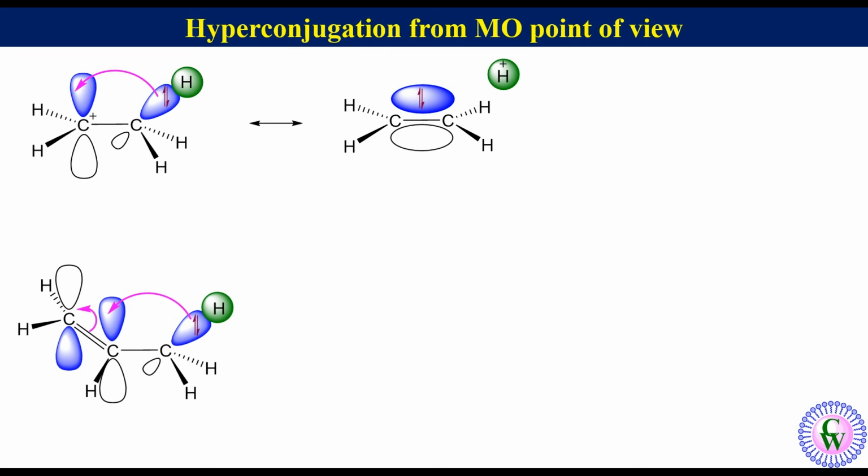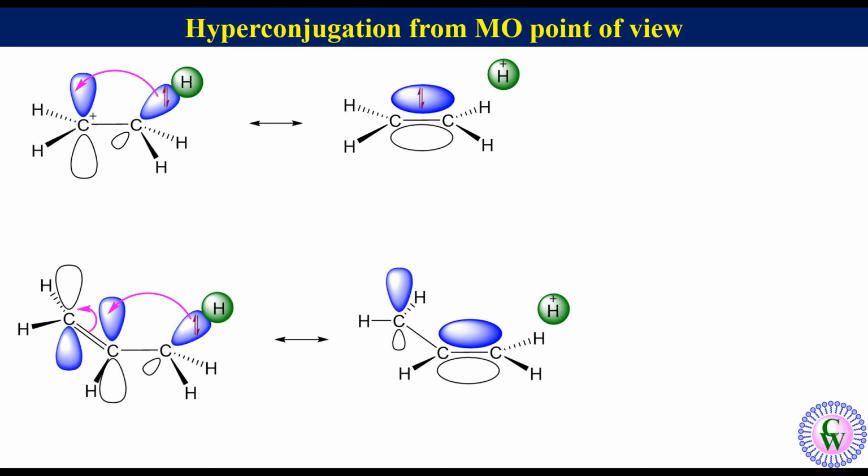So this will be the skeleton of hyperconjugative structures. These are the pi orbitals and the orbital with lone pair. So 2 electrons will be in the pi orbital and 2 as a lone pair in this orbital.